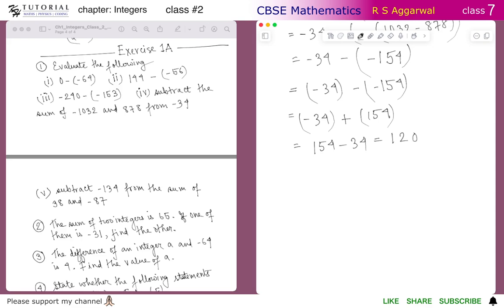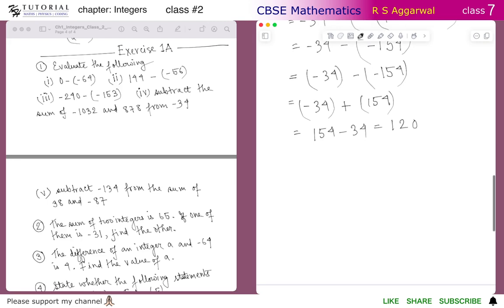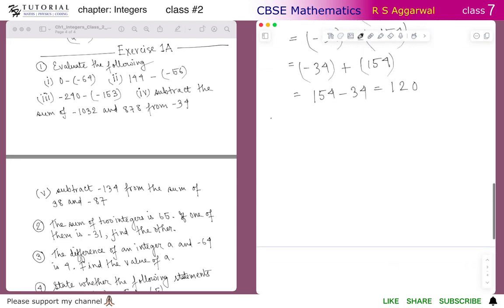Okay. Let's do question 5. What does 5 say? Subtract minus 134 from the sum of 38 and minus 87. Okay. It is asking to subtract minus 134 from the sum of 38 and minus 87.